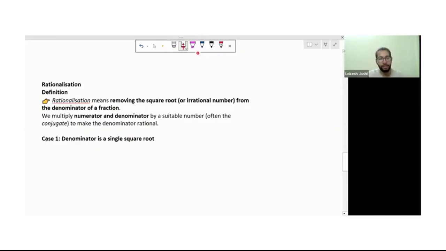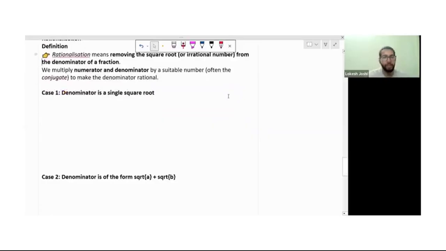So there are cases. Case one: denominator is a single square root. Suppose I have a upon square root b. Then simply multiply square root b in the numerator and denominator. It will be a square root b over square root b squared, and using the above property we can write it as a square root b by b.